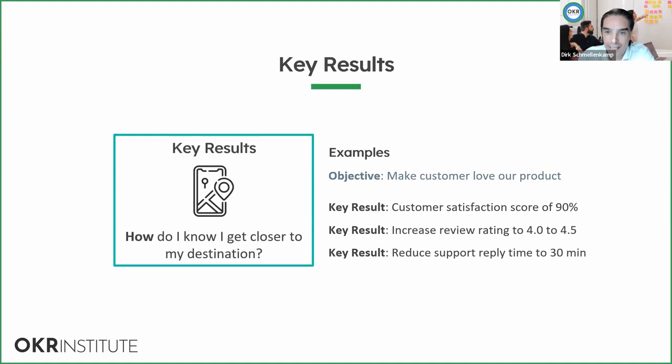How can we define that further? Key result number one: customer satisfaction score of 90%. Key result number two: increase review rating from 4 to 4.5 and reduce support reply time to 30 minutes. So if I fulfill all my key results, most likely my customers love my product.